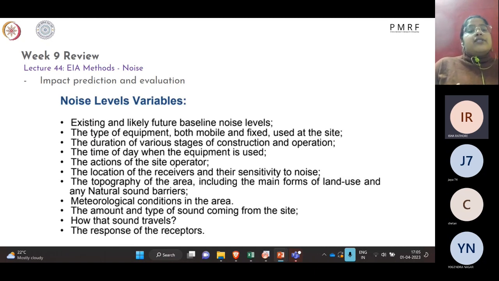And so you have different variables like existing and likely future baseline noise levels, you have the type of equipment that is both fixed and mobile.